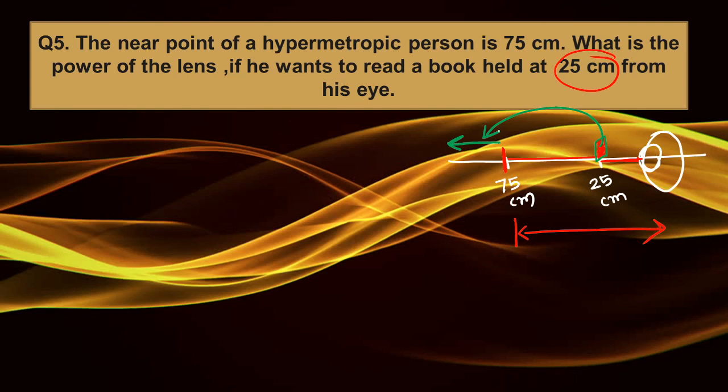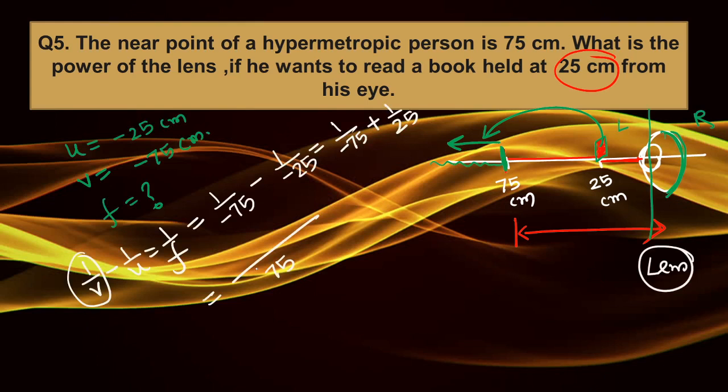So simply it is coming 1/75 plus 1/25, equal to... 75 is the LCM, so 1 plus 3 over 75, that is 4/75... Okay, as it is in centimeter, it will also be in centimeter. So f equals 75 by 2, we can do that, it will come 37.5 centimeter.